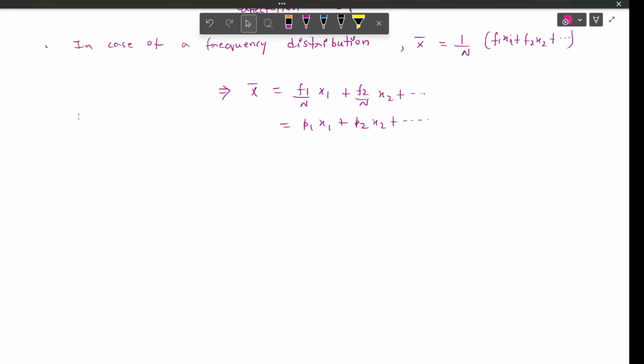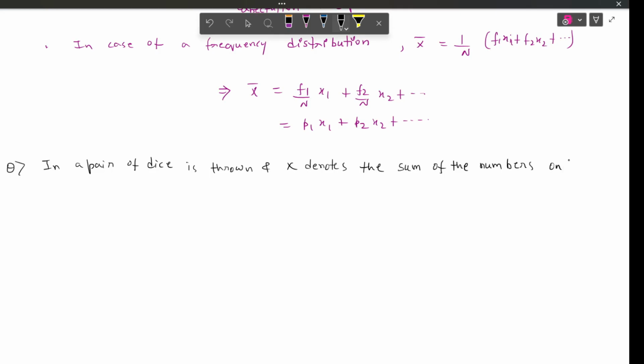So let us see one question so that it will be clear. A pair of dice is thrown and x denotes the sum of the numbers on them.